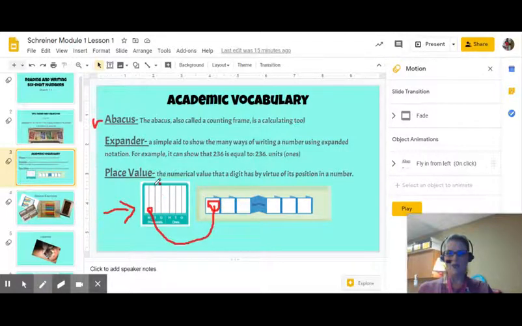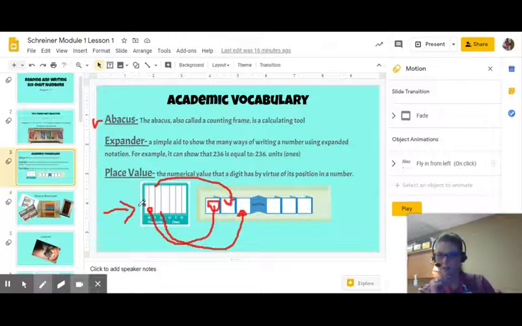Then the next one is the 10,000s, and it's the same place as this. Then you can go to the thousands position, right here. All of the parts of this abacus are the same pieces and places that are in this expander over here.